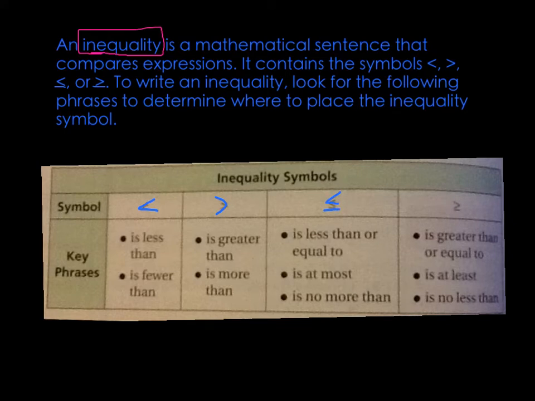And the last one is greater than or equal to, is at least, is no less than. You're going to see a symbol that looks like this. So my best advice, memorize what this is saying. Get used to hearing these words, get used to seeing them, and understanding what symbol goes with them.